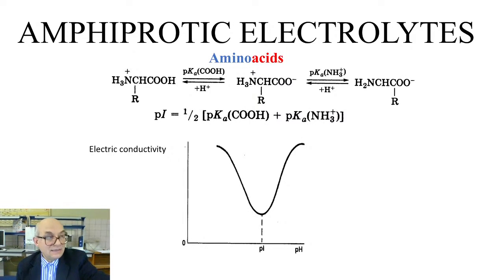For glycine, a typical amino acid which can be found in a typical protein, pKa1, the negative logarithm of the COOH ionization constant, is about 3. The constant itself is about 10 to the minus 3.